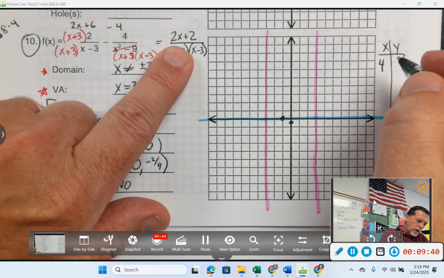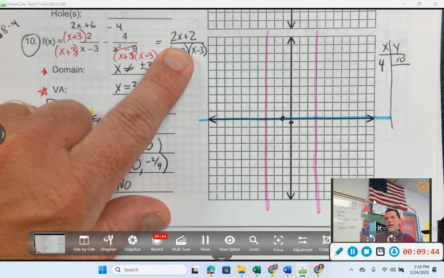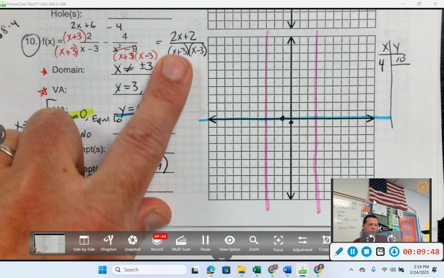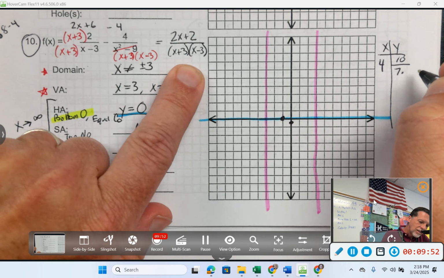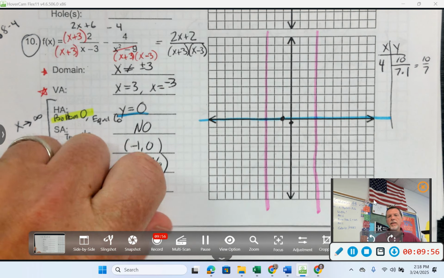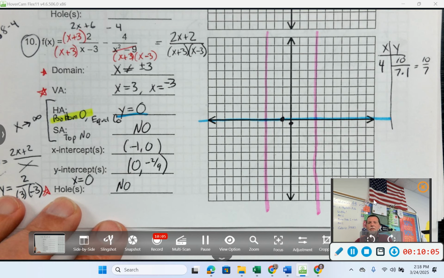So let's see, 2 times 4 is 8. 8 plus 2 is 10. It's going to be one of those spots where you've got to be able to do all these little math problems quickly and accurately. 4 plus 3 is 7. 4 minus 3 is 1. 10/7. Not my favorite number, but not terrible. Because what's 10/7 equal to?